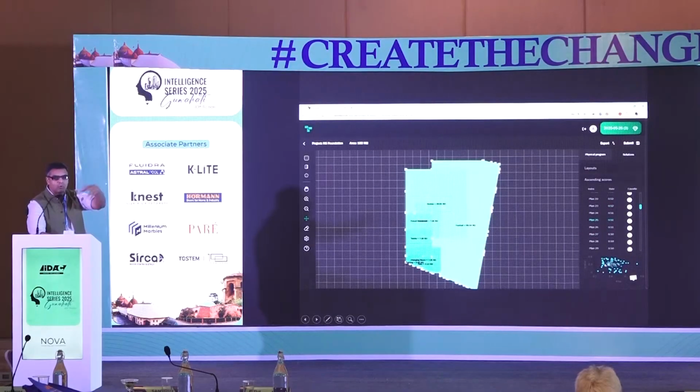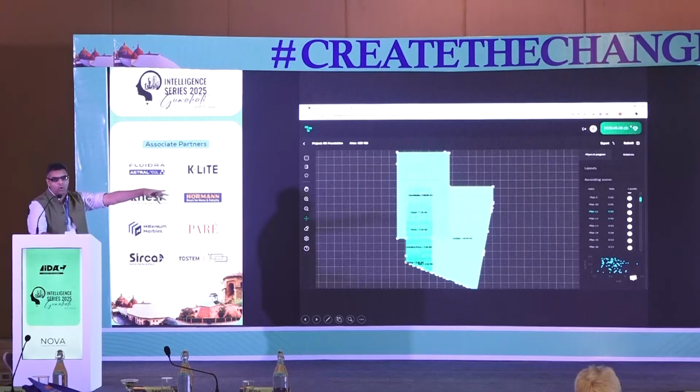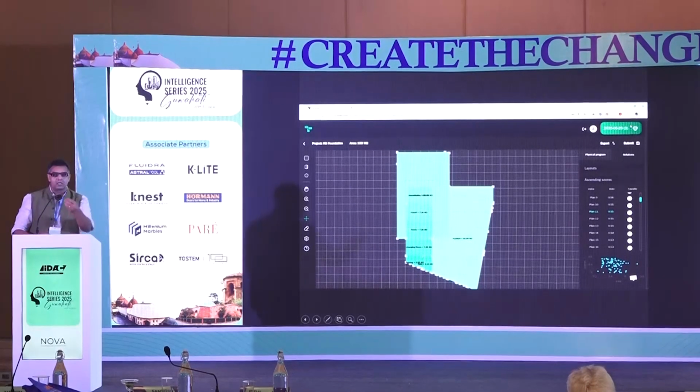I want the bedroom next to the toilet. That is like 80% accurate in terms of space and 80% accurate in terms of tendency.